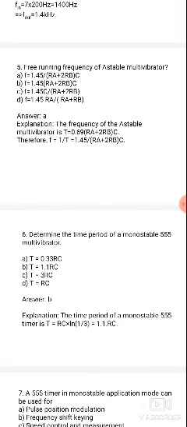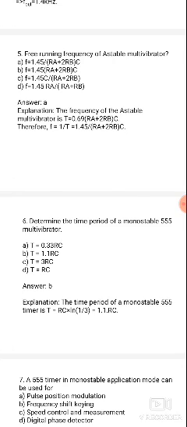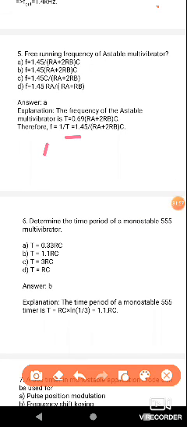For the free running frequency of an astable multivibrator, the total time period T is equal to 0.69 into (RA plus 2RB) into C. T and F are inversely proportional, so F is equal to 1 by T. That is 1 by 0.69 (RA plus 2RB) C, and 1 by 0.69 is approximately equal to 1.45. 1 by T indicates the F value.